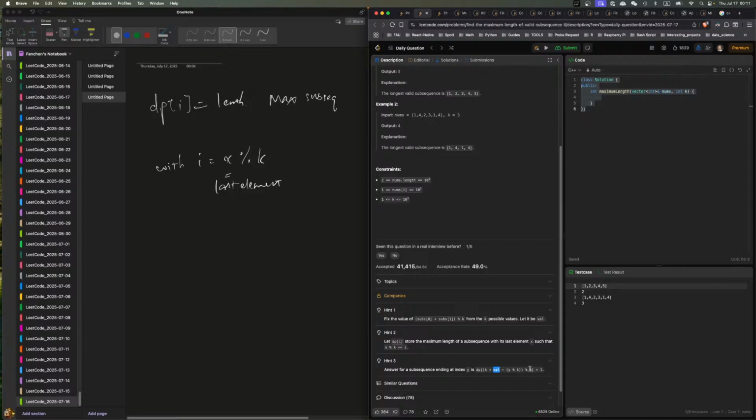So mod k is mod k because I do mod k to get the remainder. So this should be computing the last element, right? This should be computing the last element. k plus val. Val is the current.